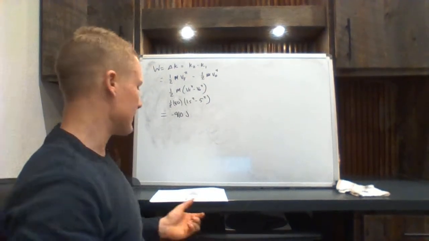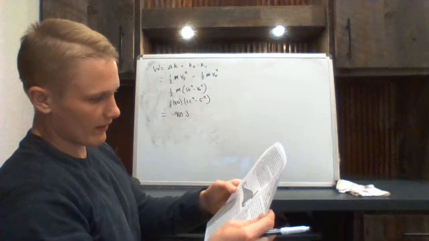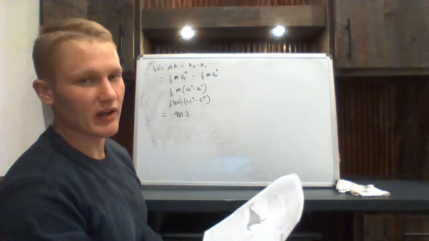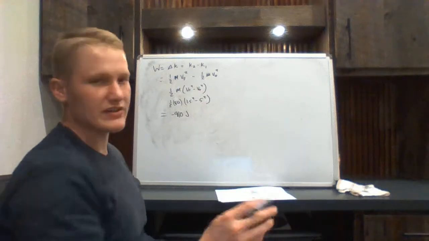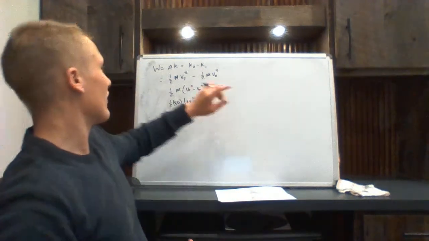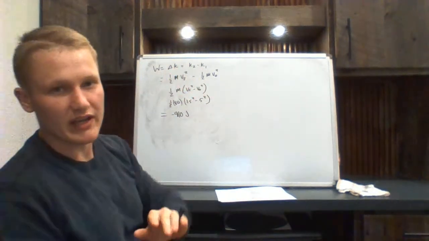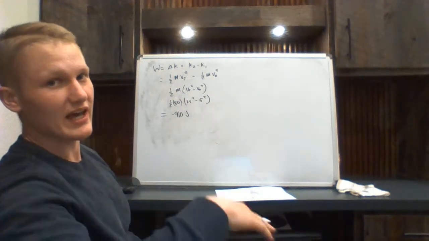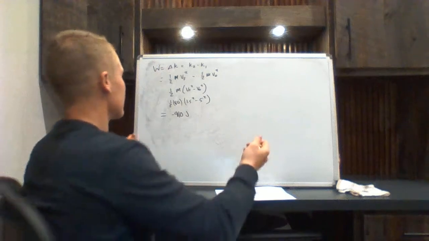Now question B is, how much work have you done with the force you apply to the pedals? So for this, we can use the same equation, work equals your delta K, but then we are going to add your mass times gravity times that height that you change.